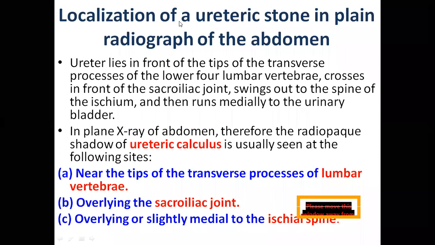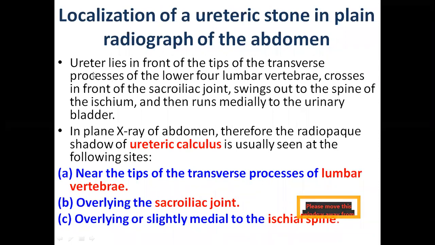Localization of a ureteric stone in plain X-ray of the abdomen. The ureter lies in front of the tips of the transverse processes of the lower four lumbar vertebrae. It crosses in front of the sacroiliac joint, swings out to the spine of the ischium, and runs medially to the urinary bladder.